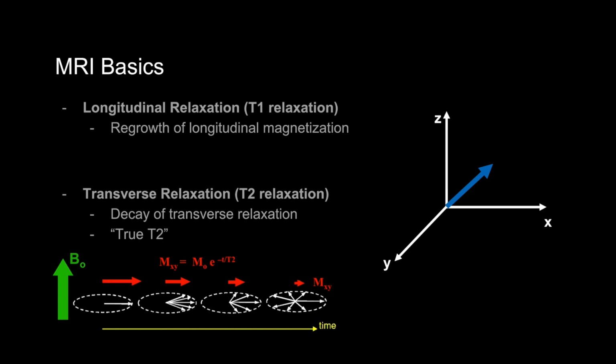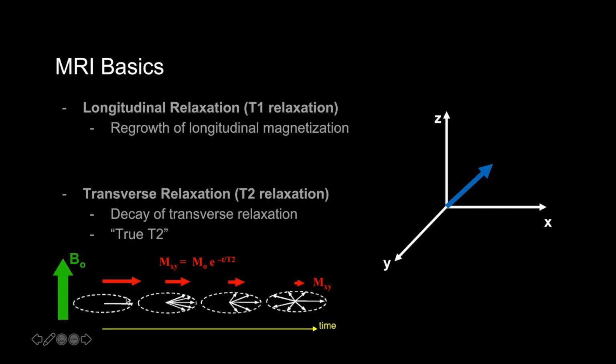In this diagram we have the z-axis pointing upwards, and that's again the magnetic field direction. And over here we have the xy plane that's flat. Early on we have a single line that represents all of the precessing molecules in sync. The red line is the net magnetization vector that shows full signal at the beginning.